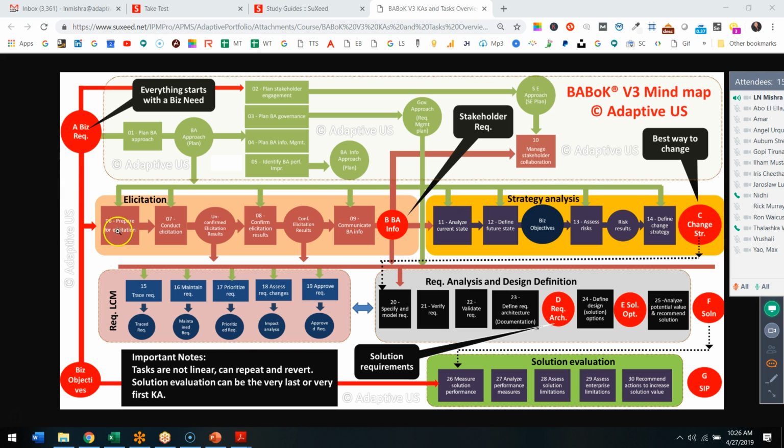So from the business need, we also get into elicitation. And that gives us, actually, I should not call it a stakeholder requirement. Maybe a better term would be high level requirement. Usually stakeholder requirements are high level, but I think it's better to use the word high level requirement.